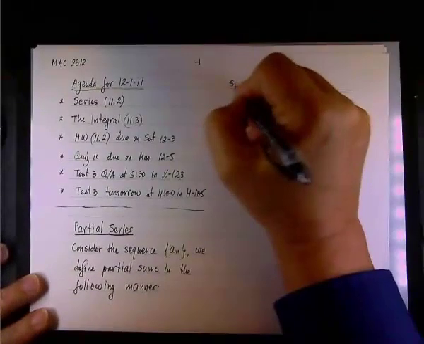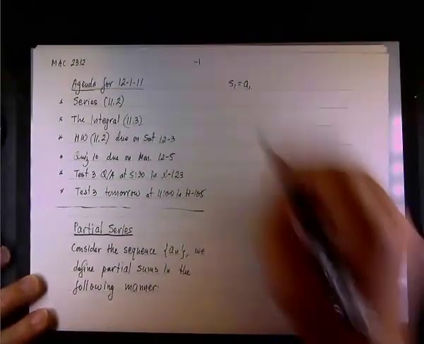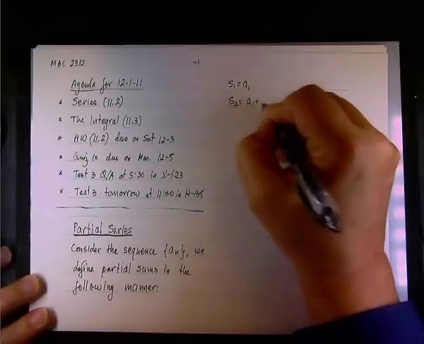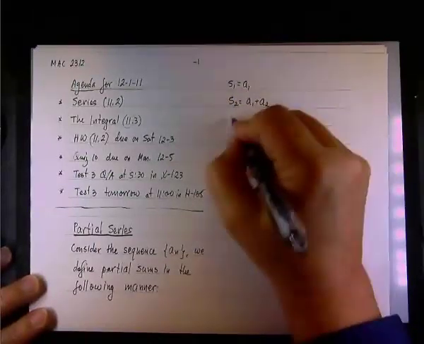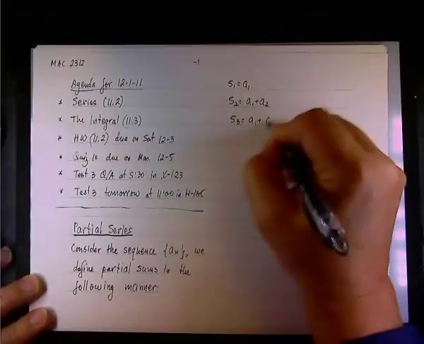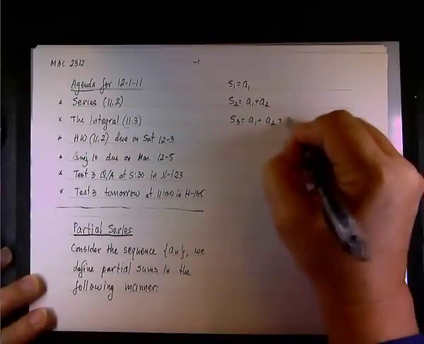We're going to define S sub 1 will be simply the first term of the sequence, A sub 1. S sub 2 will be the sum of the first two terms, A sub 1 plus A sub 2. S sub 3 will be, of course, the sum of the first three terms, and so on.